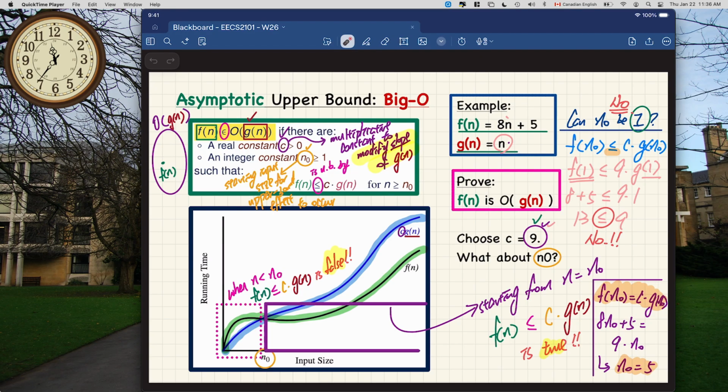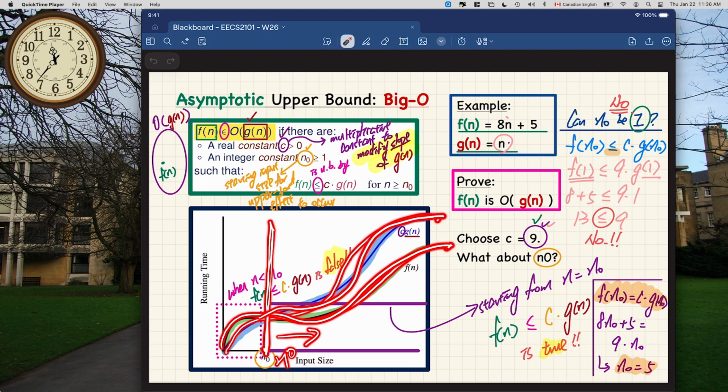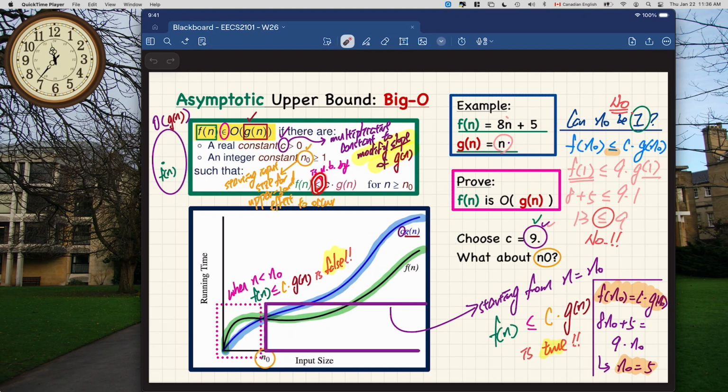You need some multiplicative constant c, and that one is going to modify the reference function such that when you compare the reference function and the running time function, starting from a certain point, which we call n0, you're going to see that the running time function is consistently lower than the modified version of the reference function. So that's what we call the upper bound effect. All right, that's a very important equation. You want to understand visually that it's showing the running time function is always below, upper bounded by the modified reference function.